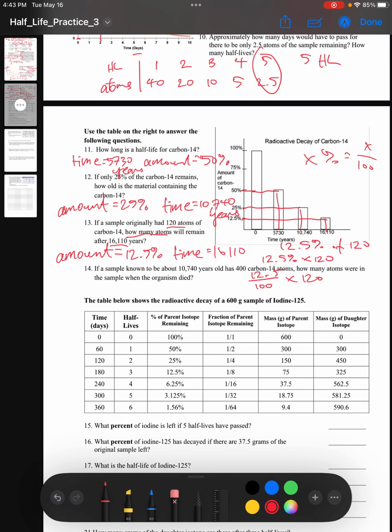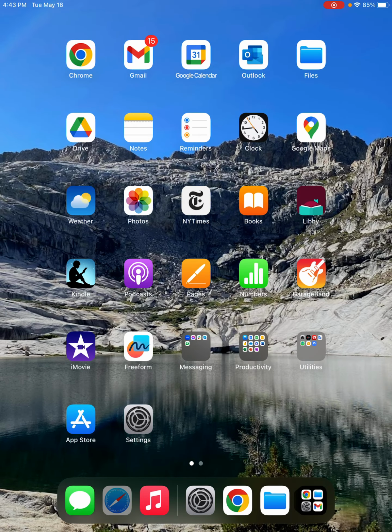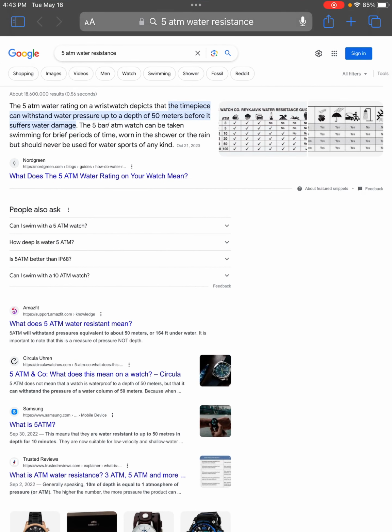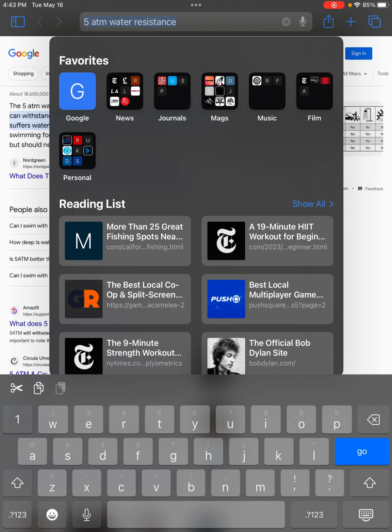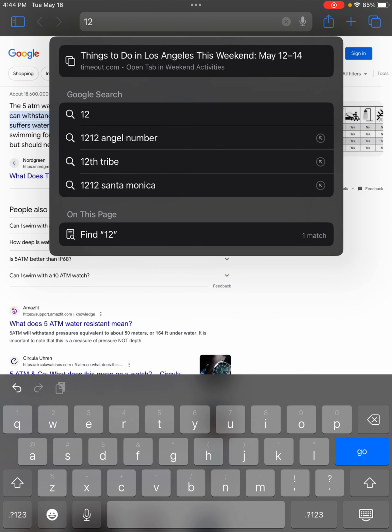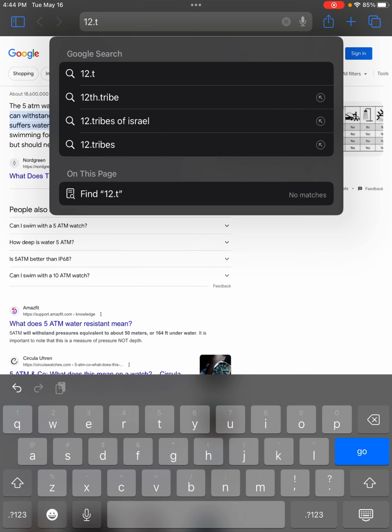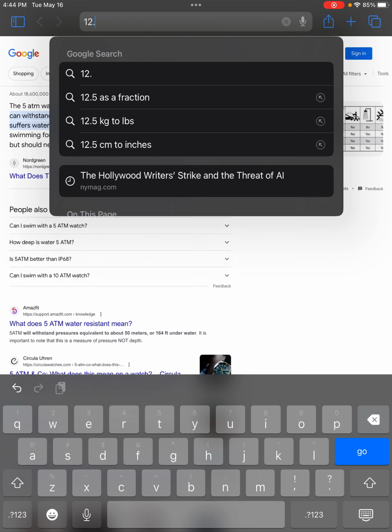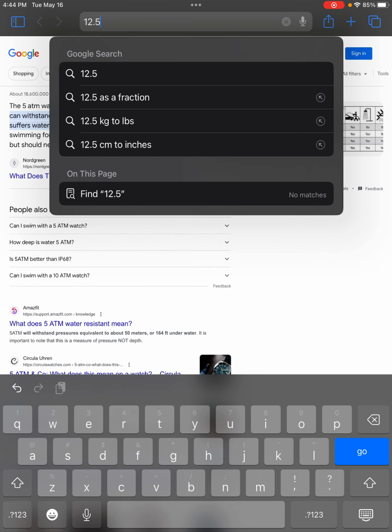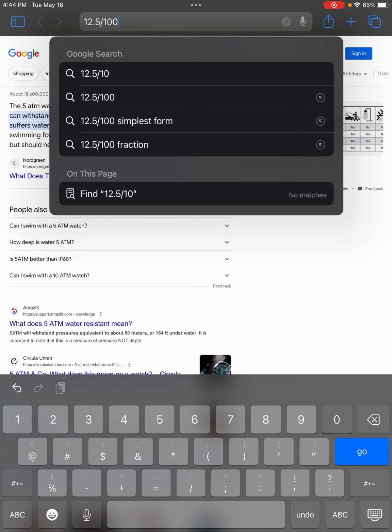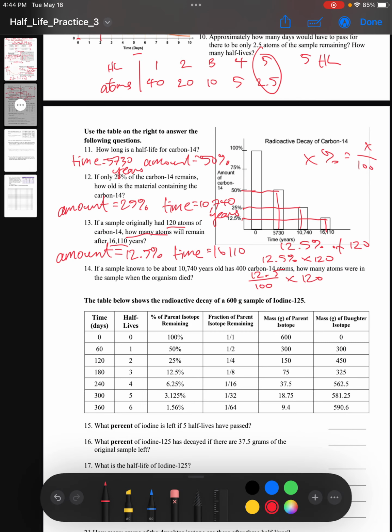Let's do that in our calculator. 12.5 divided by 100 times 120.